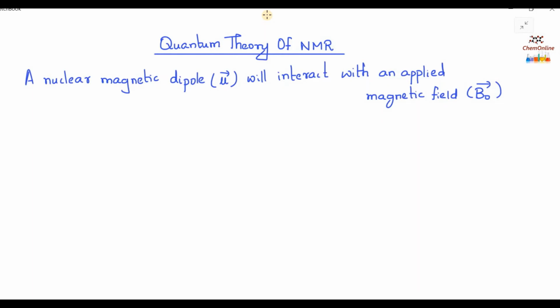Then the potential energy of interaction between the magnetic dipole and the applied magnetic field along a particular direction, let's take it as the Z direction, is given by E equals minus vector mu dot B0. Here E is the potential energy of the interaction of the magnetic dipole mu and the applied field B0.